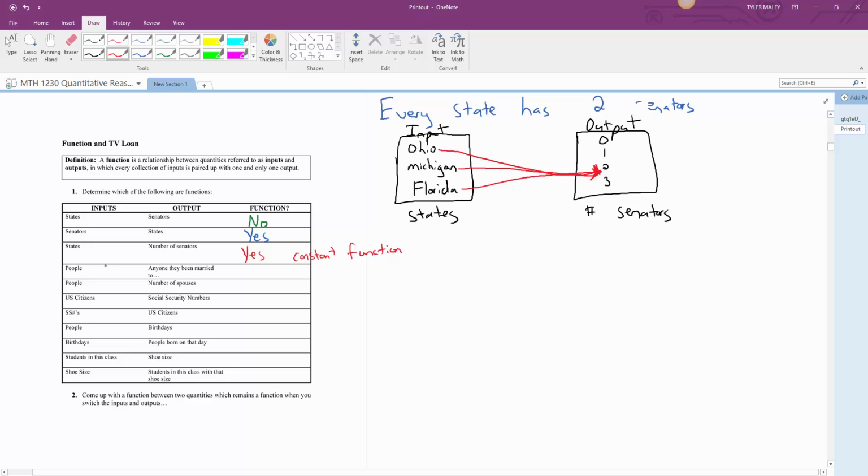Good. Now let's look at the next row. We have people being mapped to anyone they've been married to. One way to think about it is, can you think of an example where this would not be a function? Here are my inputs and here are my outputs. Over here we have people, and here we're matching who they've been married to.